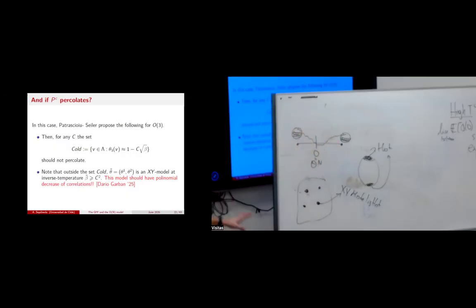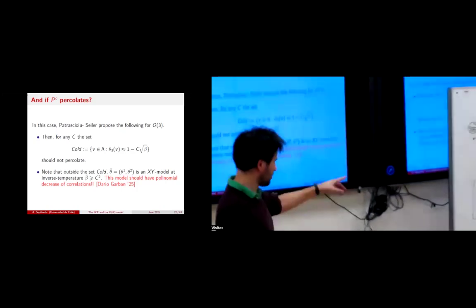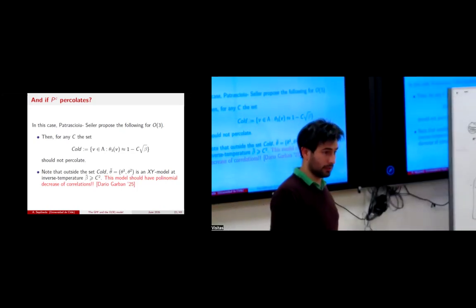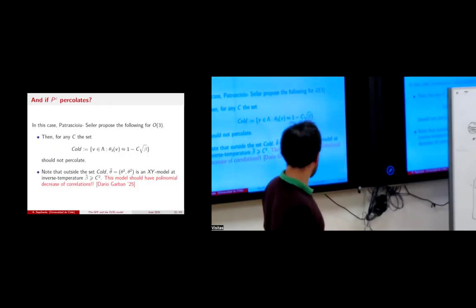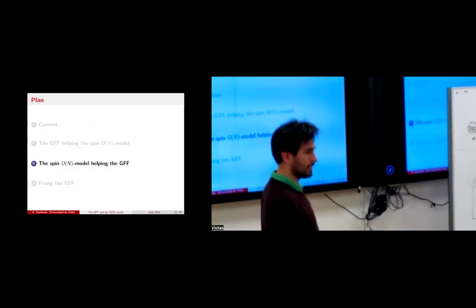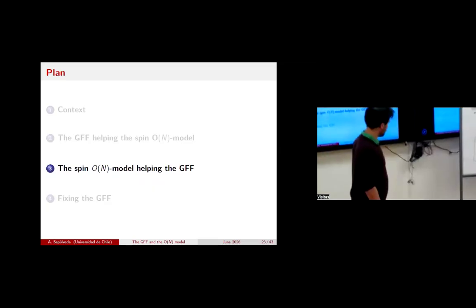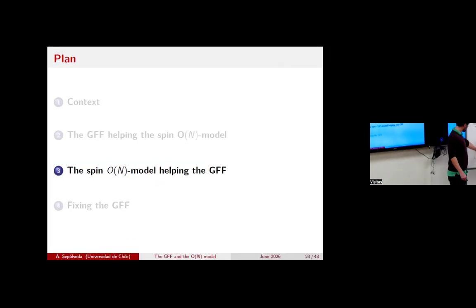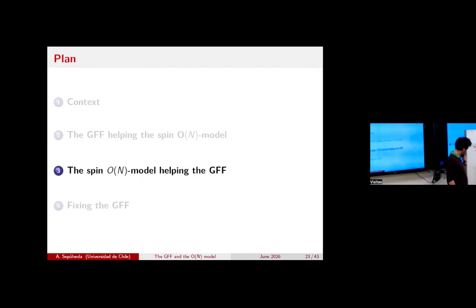conjecture. Afterwards, we realized it was Patrascu and Seiler who made an argument along similar lines to what I have described. And what happens is that actually these are not that close to a percolation, in the following sense.